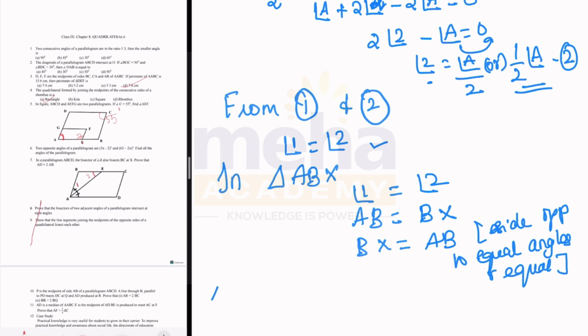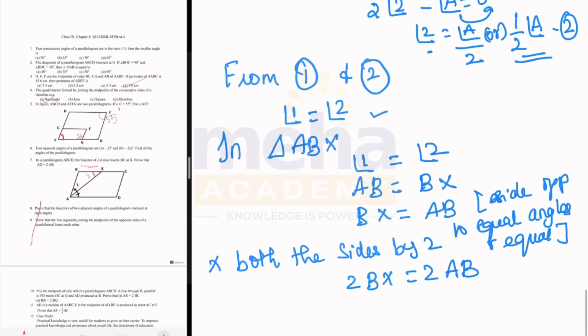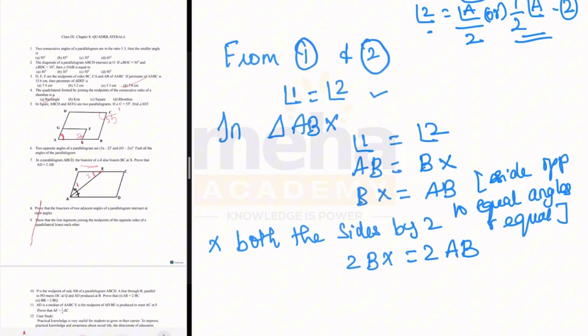So now multiply both the sides by 2. I get 2BX is equal to 2AB. We know from the diagram that the bisector cuts BC at X, so X is nothing but the midpoint. So 2 times BX is nothing but BC. So BC is equal to 2AB.